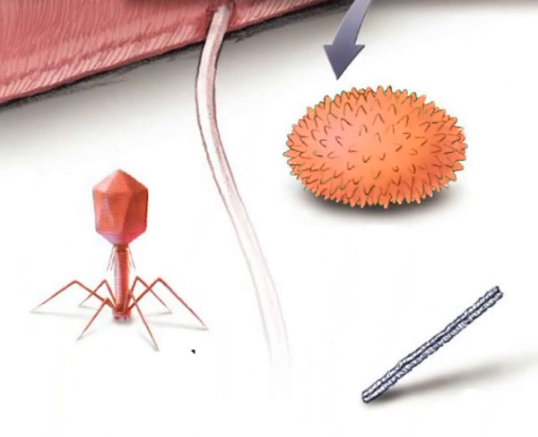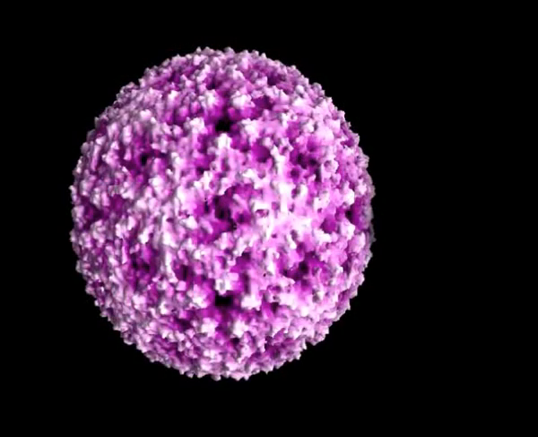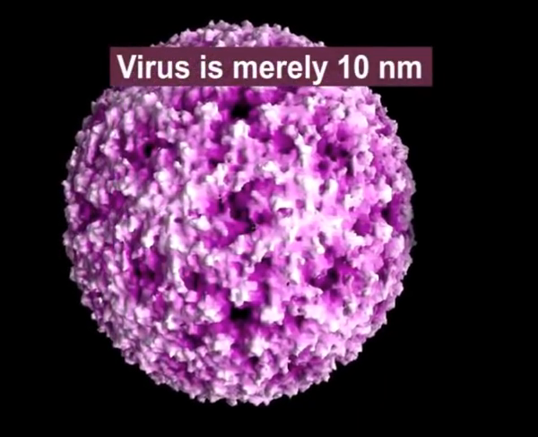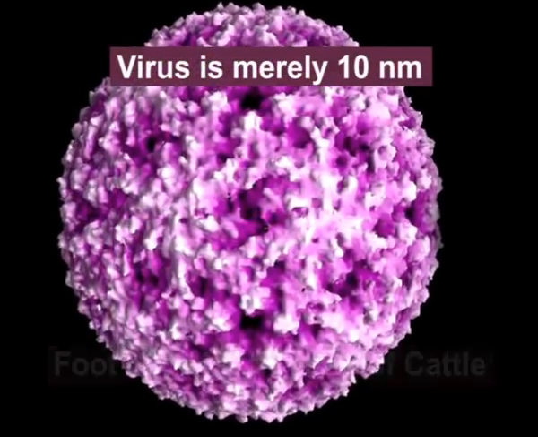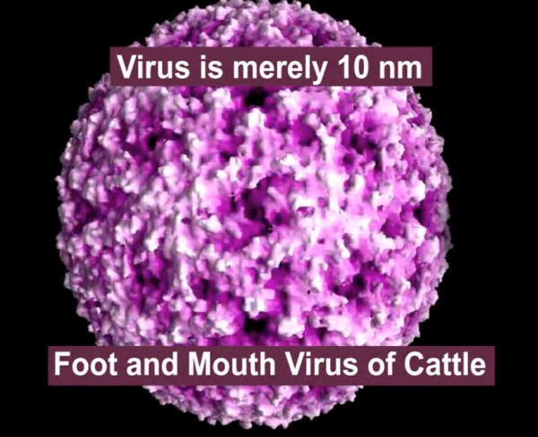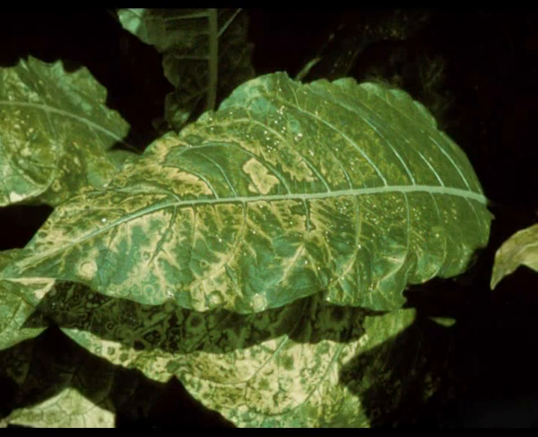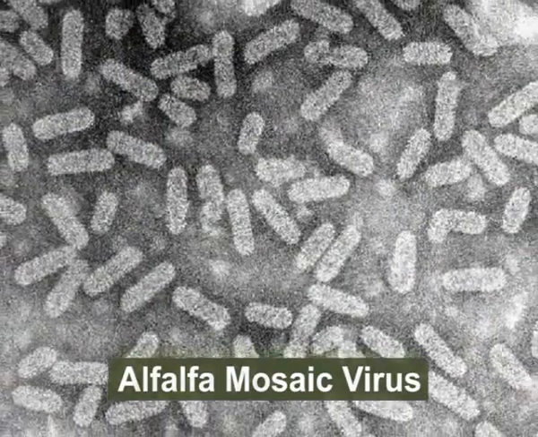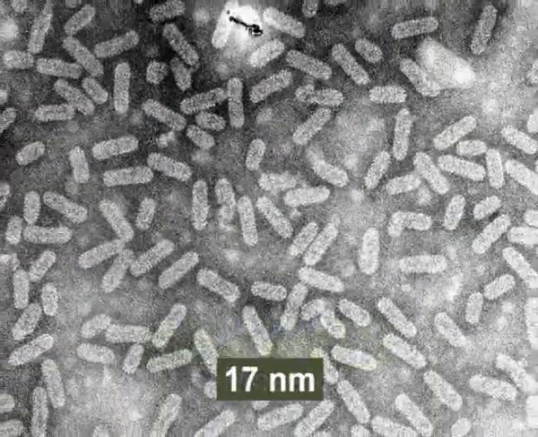These are the smallest entities. The smallest known virus is merely 10 nanometer, the foot and mouth virus of cattle. The smallest plant virus is alfalfa mosaic virus, which is 17 nanometer.